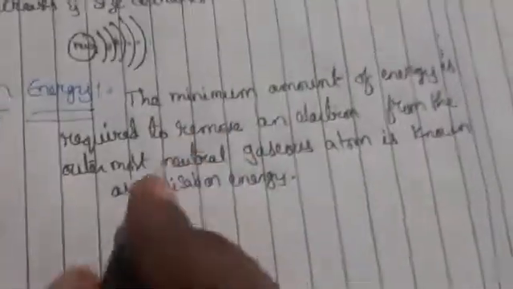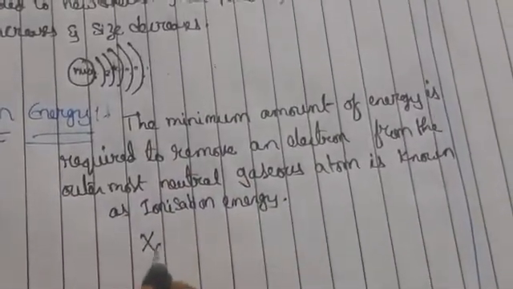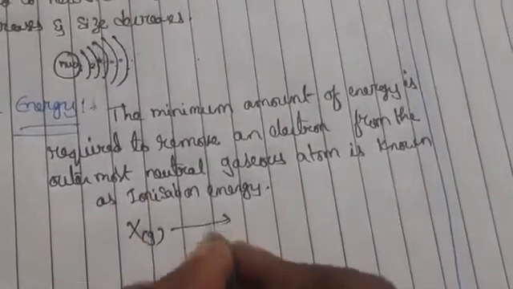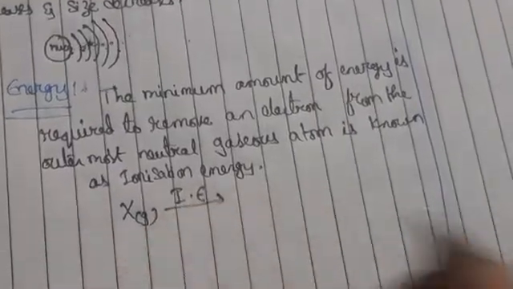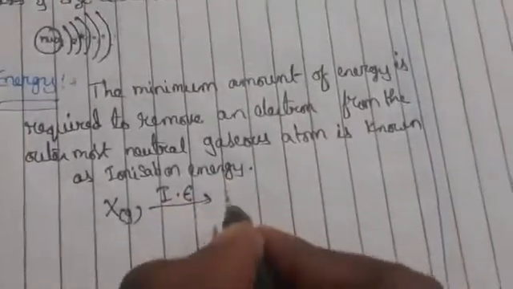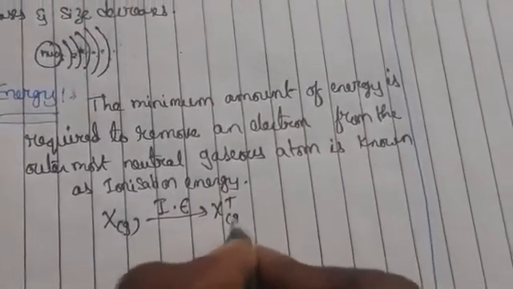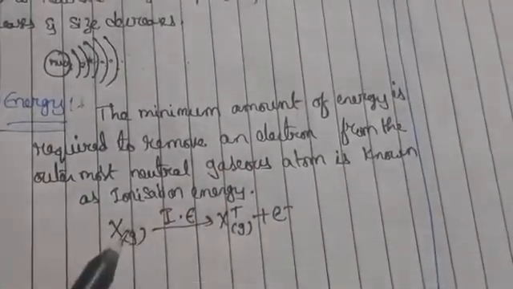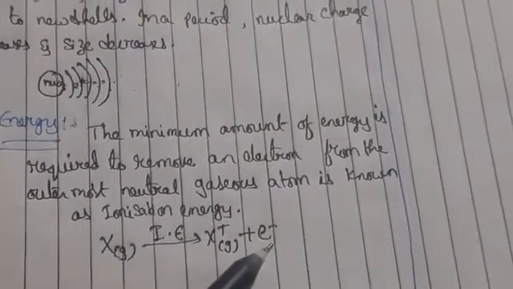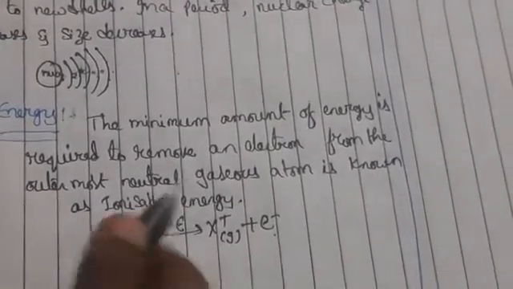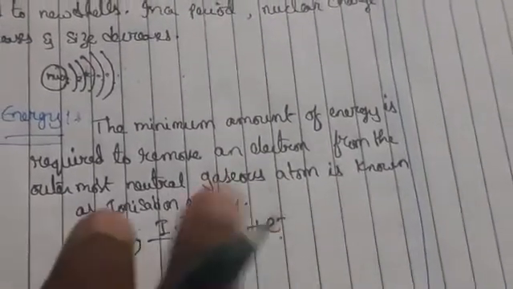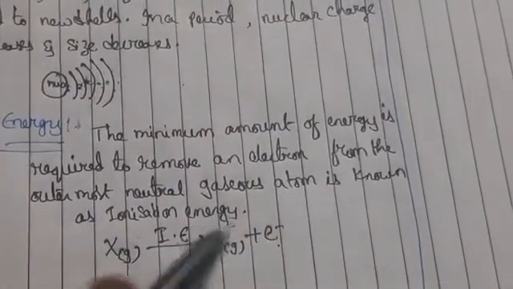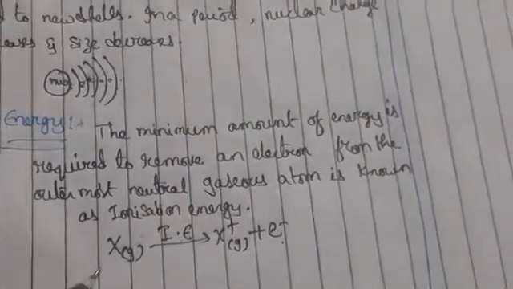What I have told you: here we are taking a neutral gaseous atom. It requires some amount of energy, that is ionization energy, to remove an electron from the outermost neutral gaseous atom.